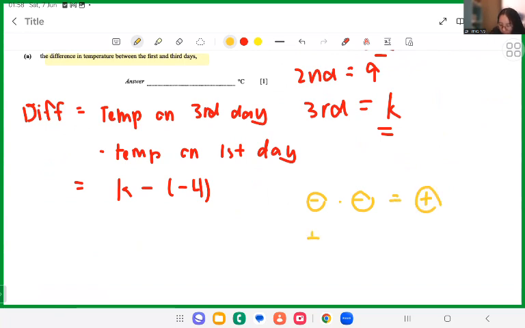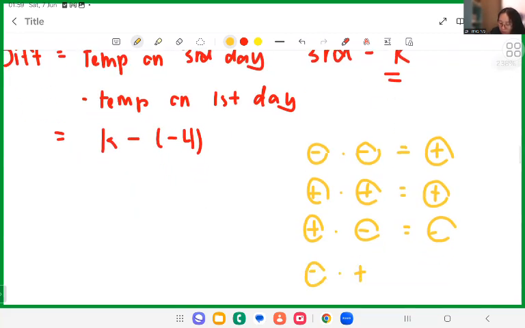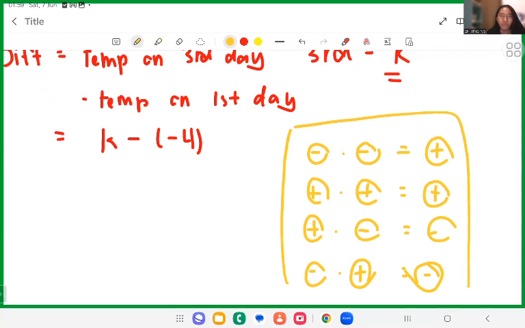When plus times plus, you will get plus. When plus times minus, you will get minus. When minus times plus, you will get minus. This concept of signs is quite important for your further mathematics calculation, so better to memorize it.